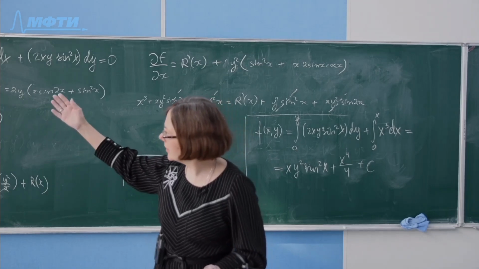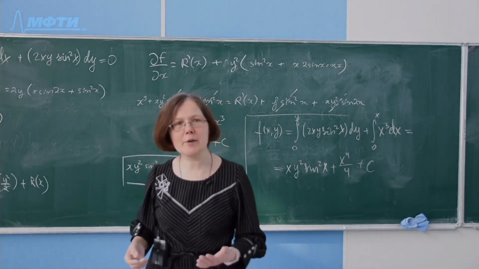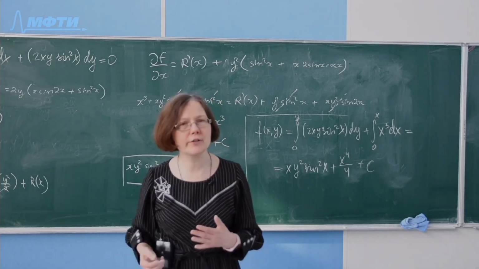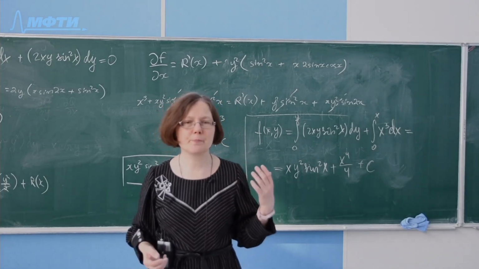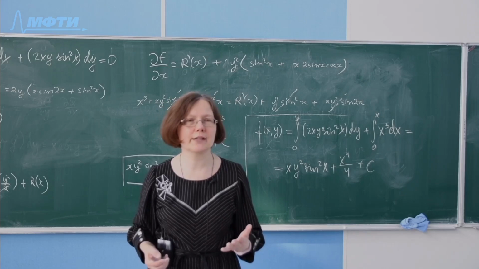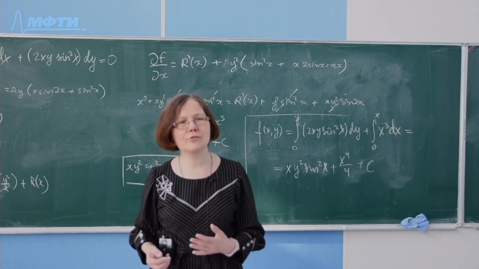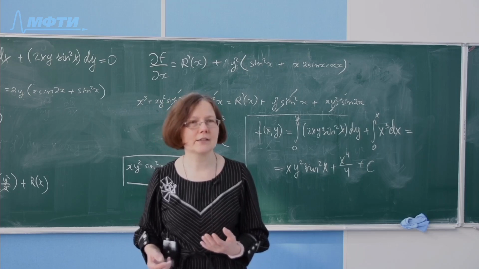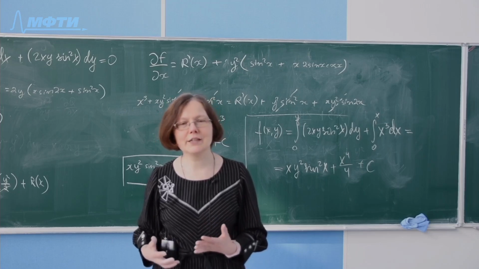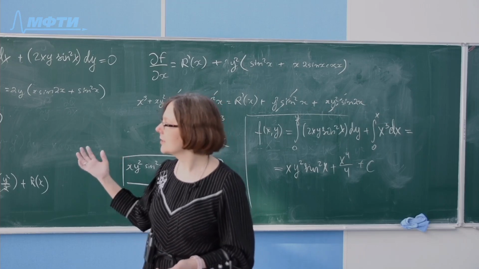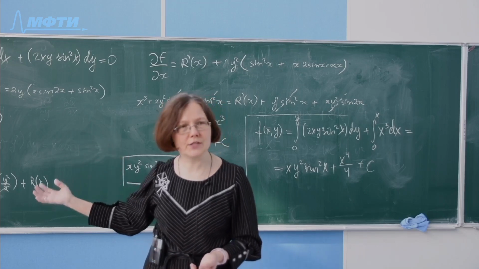On completing the first step, suppose we obtain that these partial derivatives do not coincide. What shall we do then? There is a theory of integrating factor. So are you ready for this theory, or do you need more exercises on this topic?